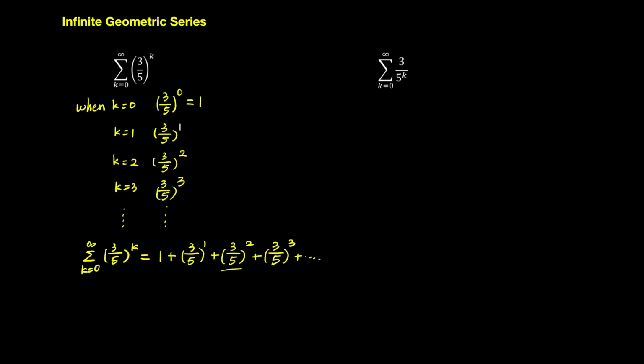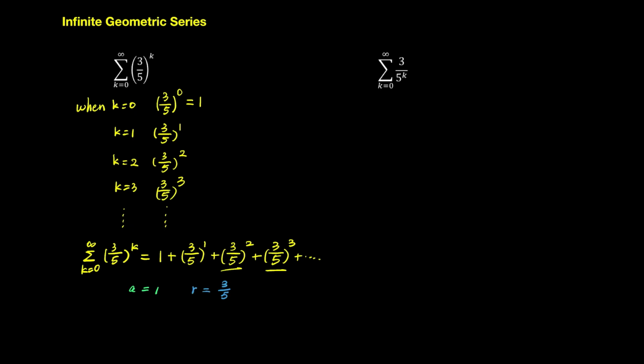Well, you can calculate these terms further, but I will leave it like this. It will help us to identify the pattern more easily. Now it's quite obvious that the first term a equals 1, and the common ratio r is 3 over 5.